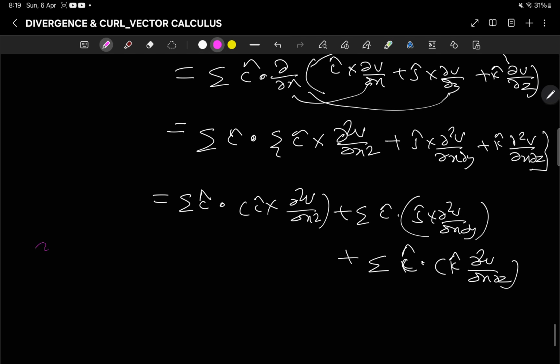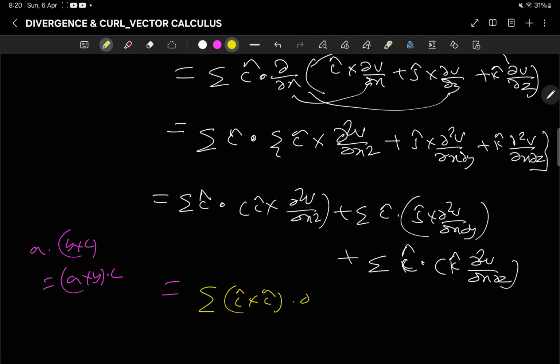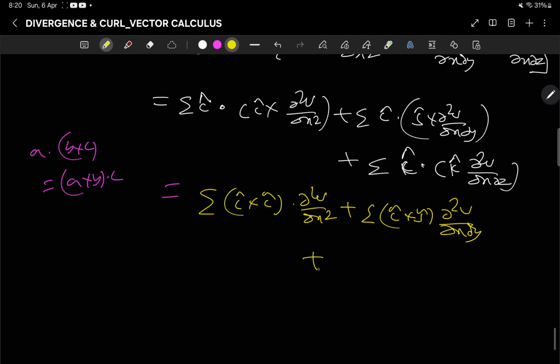Now you have a dot b cross c is a cross b dot c. So that is equal to, you can write, summation of i cross i dot del square v by del x square plus summation of i cross j del square v by del x del y plus summation of i cross k del square v by del x del z.